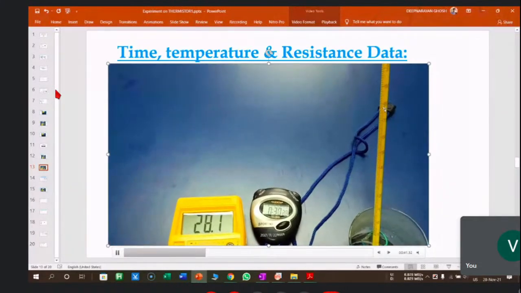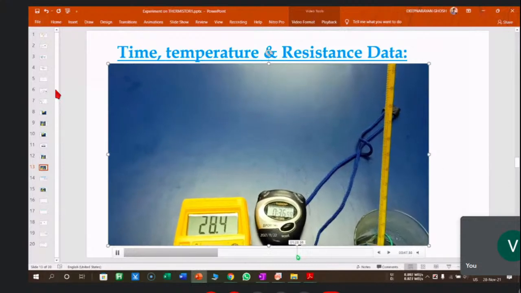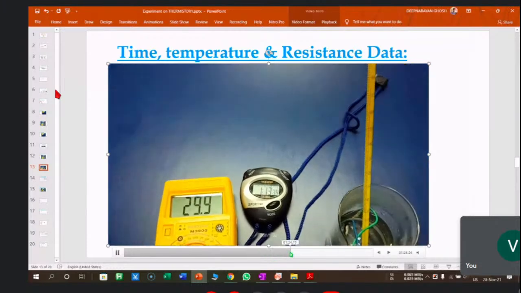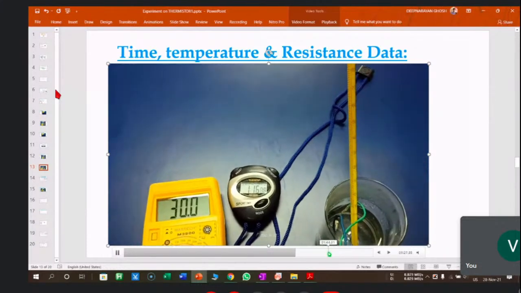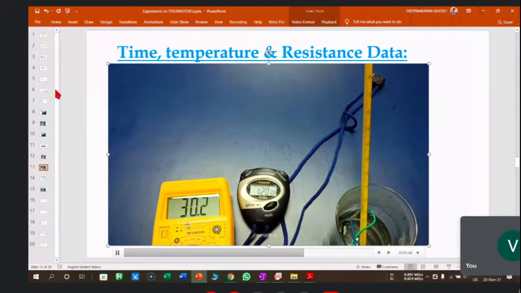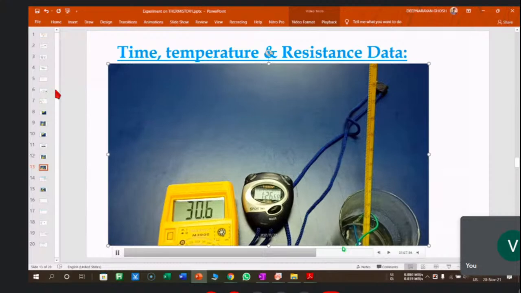You can see the temperature is gradually decreasing and the resistance increasing with time. Around 74 degree temperature now, the resistance is 30.2 and the time is 1 minute 25 seconds.